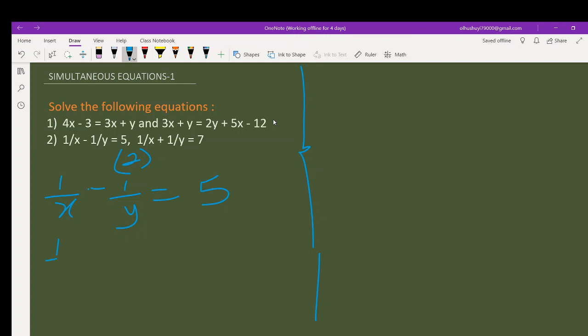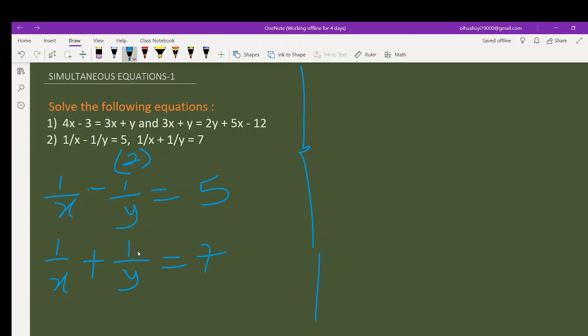Then you have 1 upon x plus 1 upon y is equal to 7. Something is consistent here.